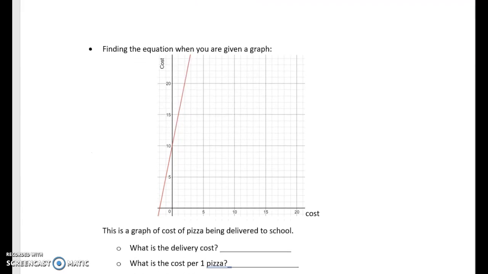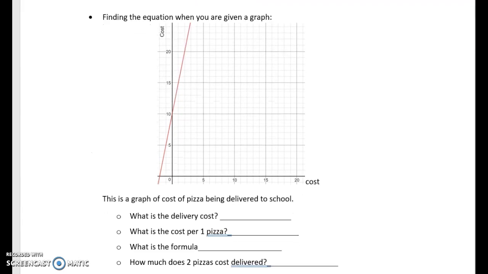Now, the last thing you need to do is be able to look at a graph and understand what it's saying to you. So this is a graph of ordering pizza from Pizza Hut, and it's telling me some things. So first of all, it cuts my y-axis at 10. And then I need to look at what my gradient is.